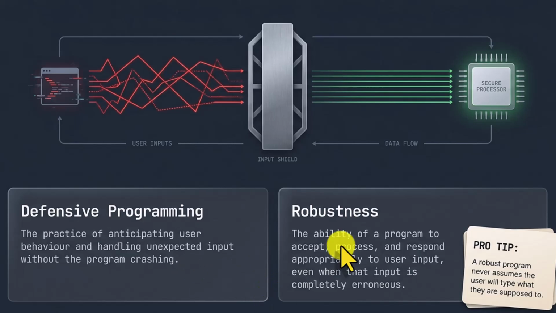Robustness of a program simply means the ability of a program to accept, process, and respond appropriately to user input, even when that input is completely erroneous. For example, you need a number and the user enters some letters, or the data range you are accepting is between 1 and 50 and the user enters 55, or the user just does not enter anything.